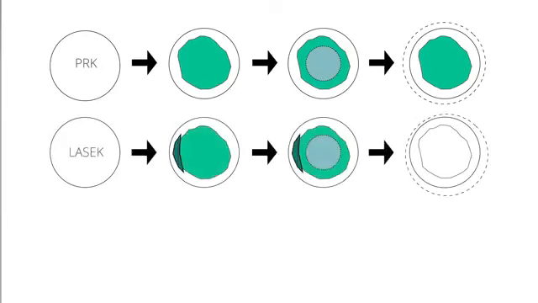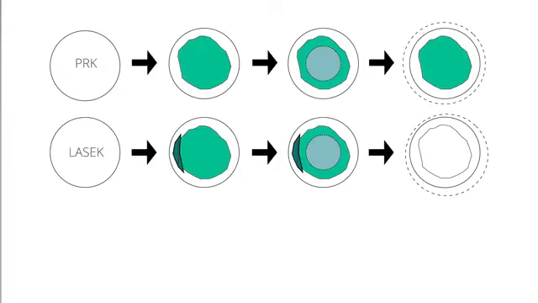So how PRK is done is by removing the epithelium on the surface of the cornea using a number of methods, a brush or alcohol or even topical anesthetics. Doing the surface ablation using the laser and then leaving the corneal surface bare with a bandage contact lens on the surface. The difference between PRK and LASEK is in LASEK, the epithelium is removed or loosened using alcohol.